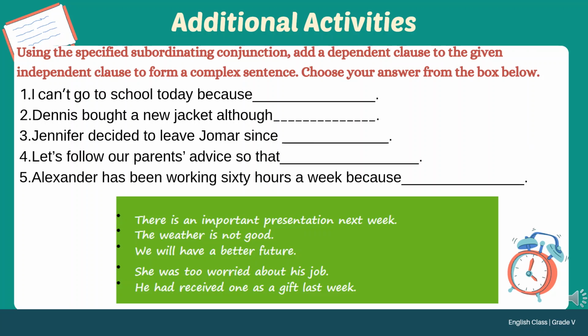And for our last activity, using the specified subordinating conjunction, add a dependent clause to the given independent clause to form a complex sentence. Choose your answer from the box below.